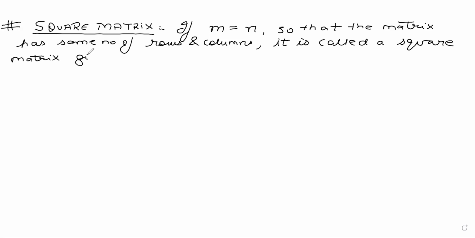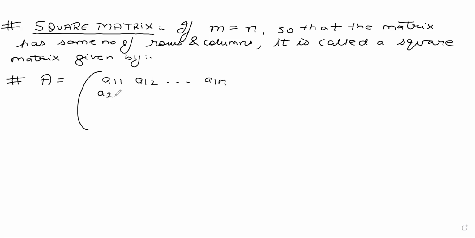So guys, we can quickly write a square matrix. So our matrix A will now be A11, A12 dot dot dot A1n, A21, A22 dot dot dot A2n, and I can stretch it to AN1, AN2 dot dot dot ANN.